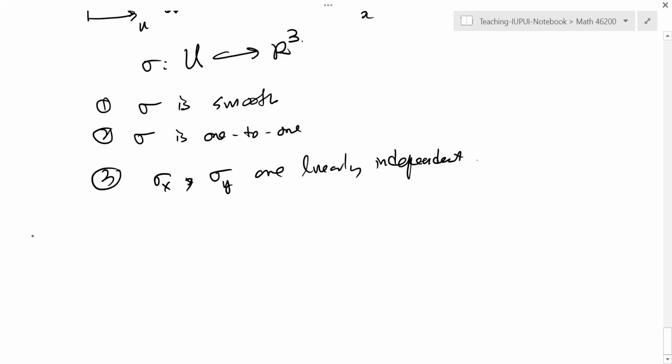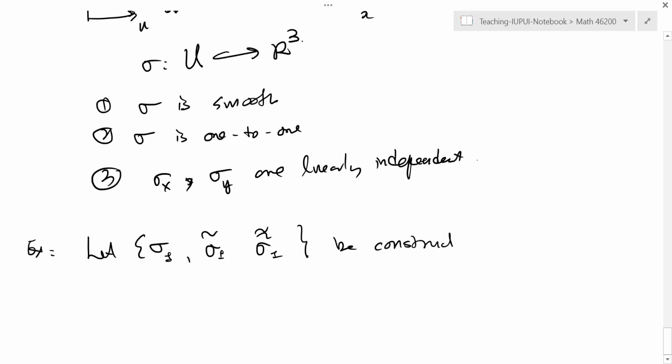Let's go back to the example. Let sigma plus and minus be the functions constructed as above for the sphere.